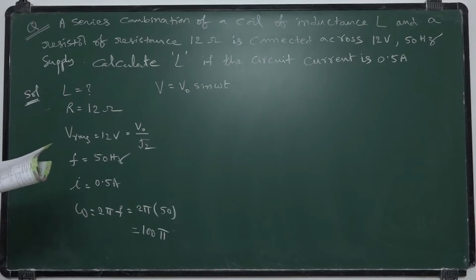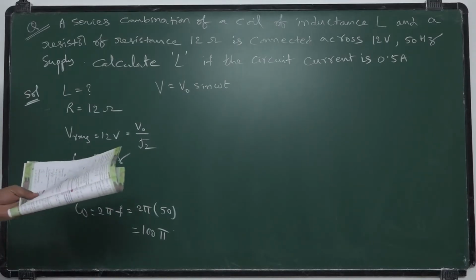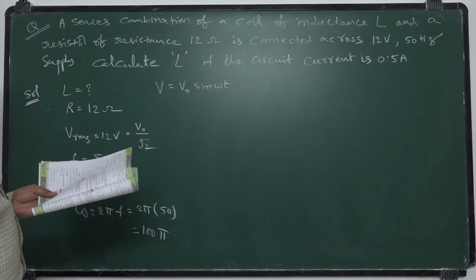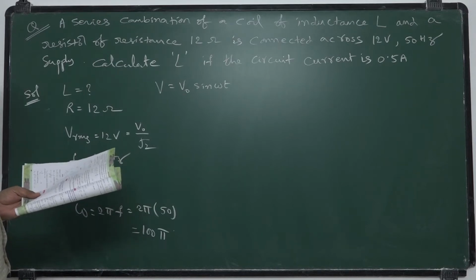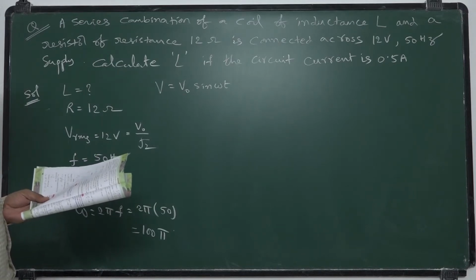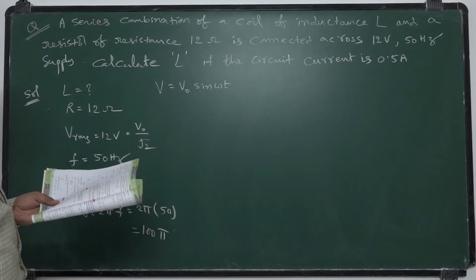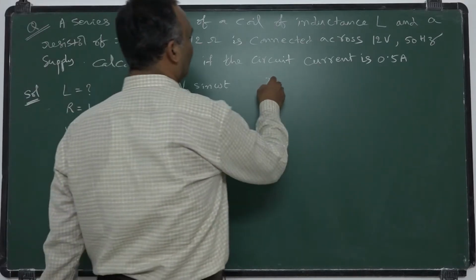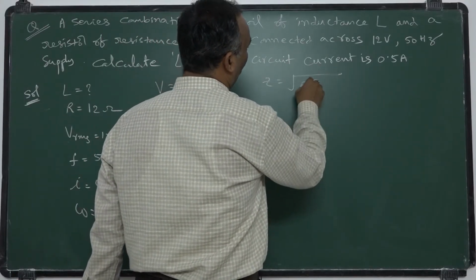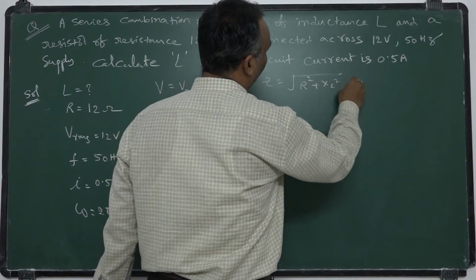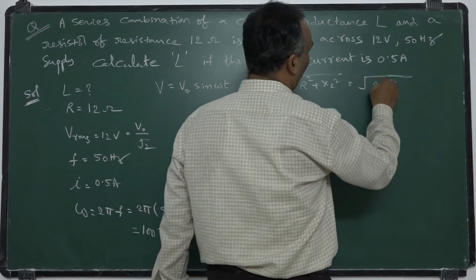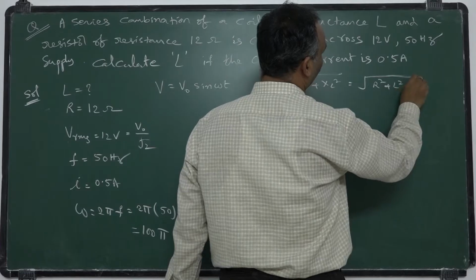And in order to calculate current, we require the impedance of the circuit. As it is an LR circuit, the impedance is given by square root of R square plus XL square, that is square root of R square plus L square omega square.